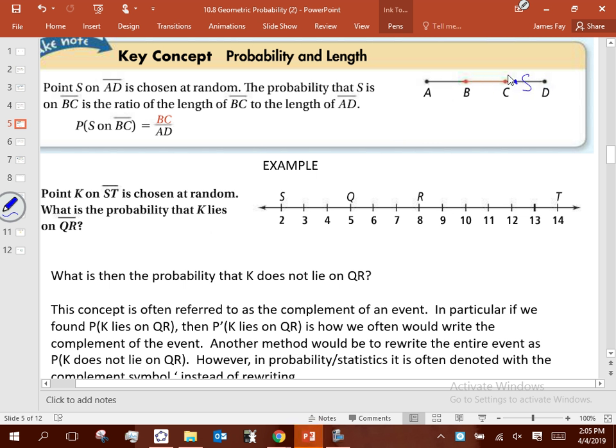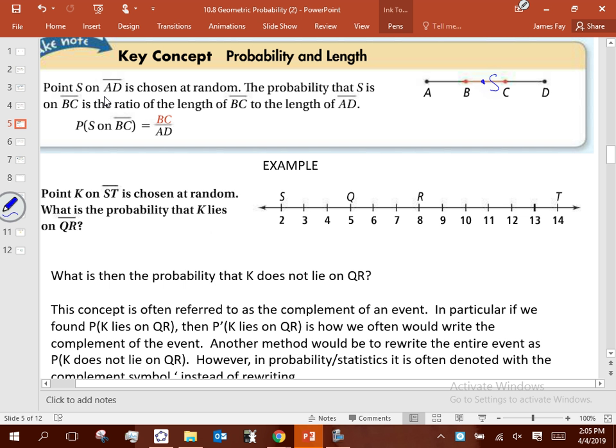And I want to say, what is the probability that when I pulled it off, it was in between B and C? So the probability that S is on BC is the ratio of the length of BC divided by the length of AD.